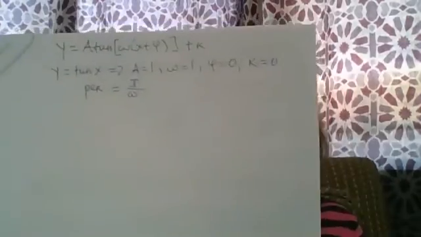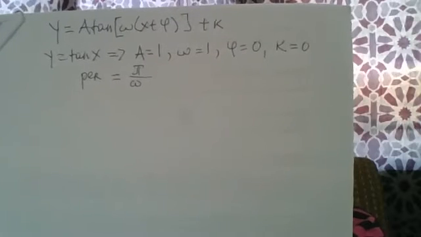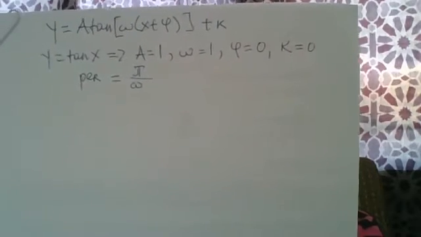If we talk about period, definitely omega here is affiliated with the period, but for tangent and cotangent families, the formula for the period is different. It is pi over omega. For other families, it is 2 pi over omega. But for tangent and cotangent, it is pi over omega. This is why, for example, for our basic tangent x, it is pi over 1.